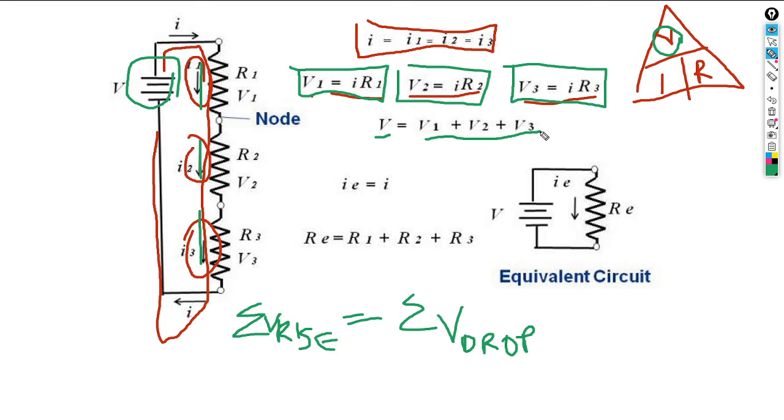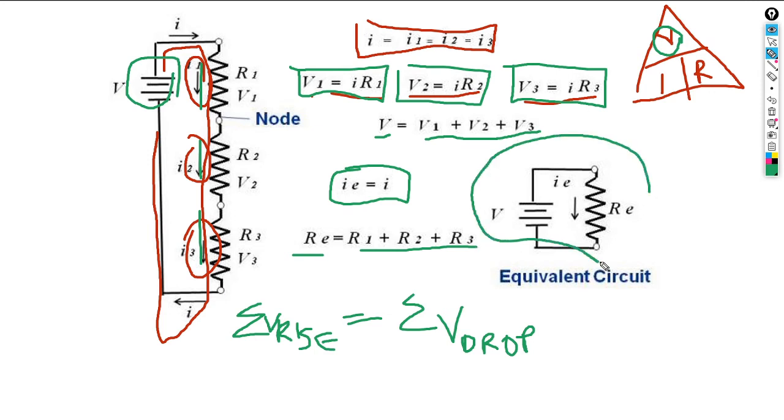And the last thing, as I said, is that the current in the circuit is going to be the same current. When you're calculating the total resistance, which is our equivalent resistance, it's going to be the addition of the three, because in series the resistances add to each other. This is in a DC circuit, but this concept doesn't go away.